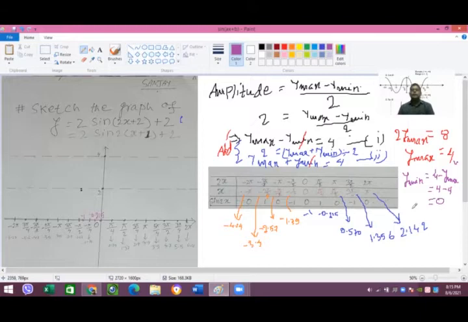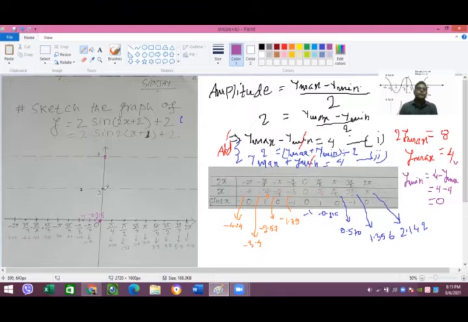All right. So note that the graph's maximum value will be 4 and the minimum value will be 0. And also note that as c equals 2, that means we have to take one line of reference that passes through y equals 2.